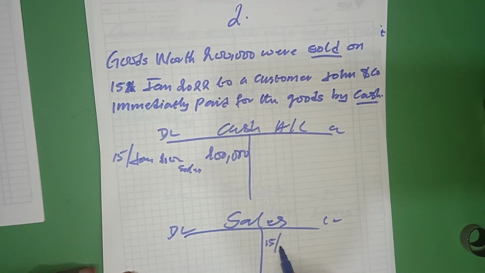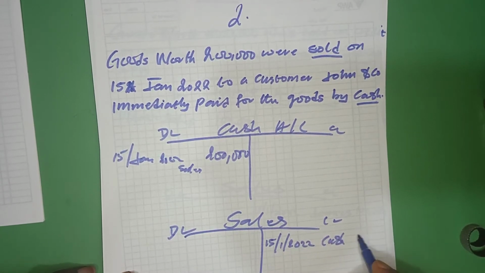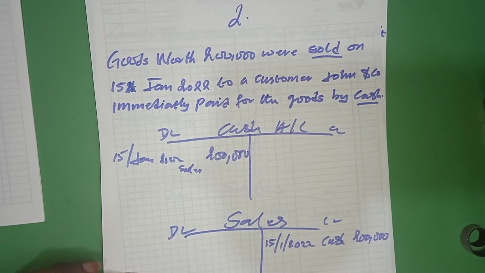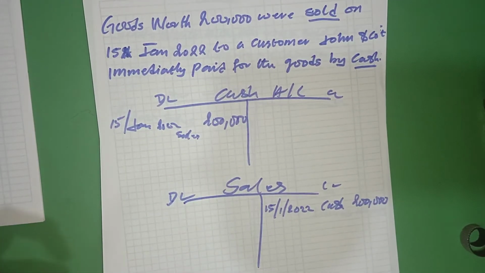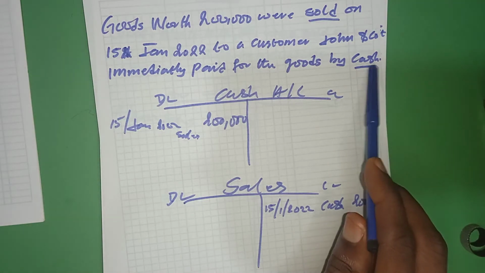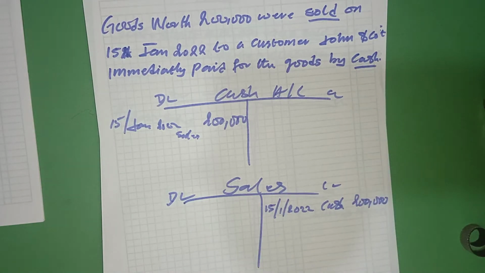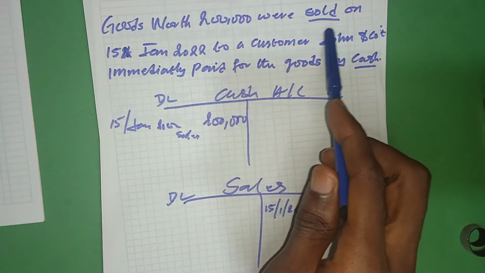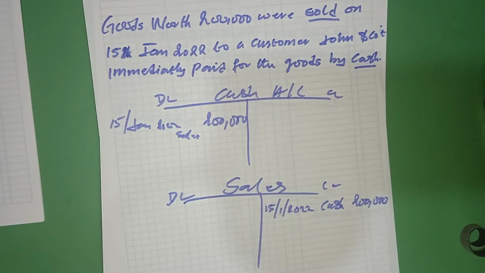Then 15th January 2022, cash 200,000. Hope you understand this. Now, we receive cash because we made sales. We give out goods, and when you give out goods, you receive cash in return. The cash is increasing our assets, while the stock, the goods that we have, is reducing, and that is why our sales is credited and our cash is debited.